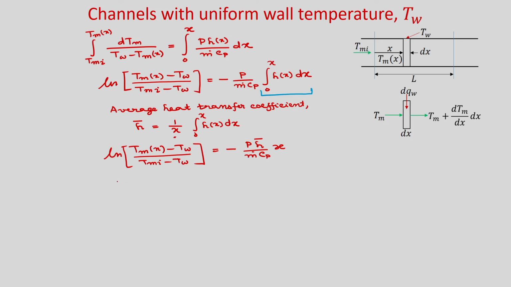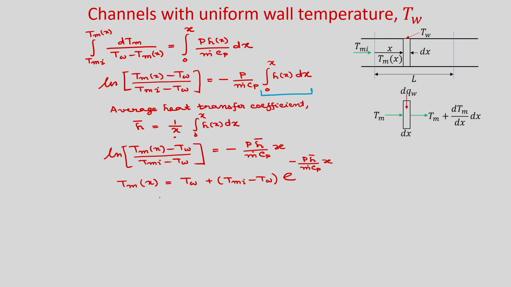So, you can now find the axial variation of mean temperature as T m x is equal to T w plus T m I minus T w into e to the power minus P h bar by m dot Cp into x.